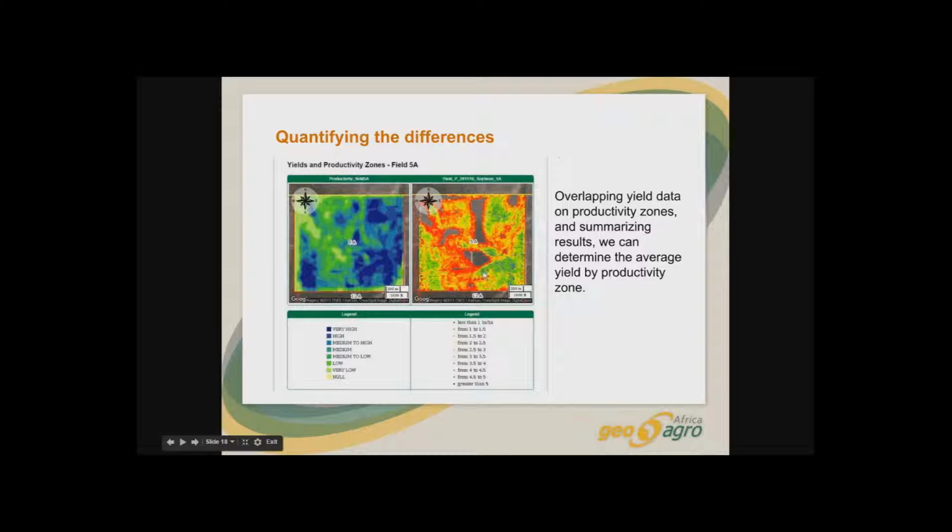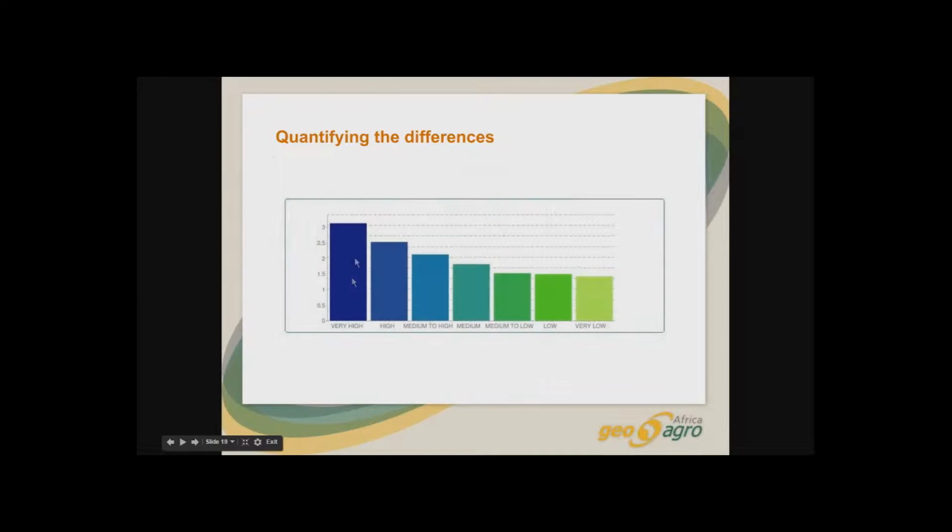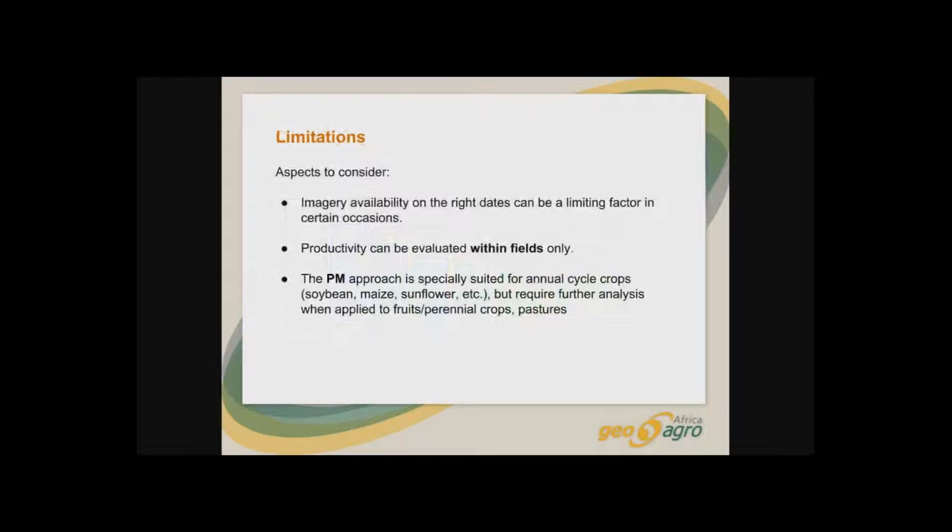And if you have additional data from a yield monitor, you can overlap that data and summarize results to see what the actual yields were, quantifying those differences: in the high-yielding areas here around 3, in the low-yielding around 1.5. So this is also a way of using productivity maps and seeing what the actual values for the difference were.